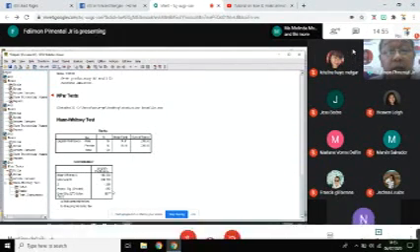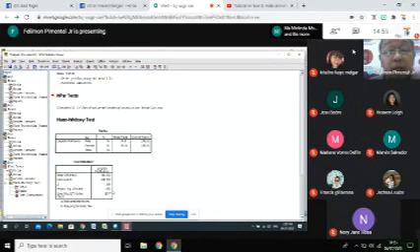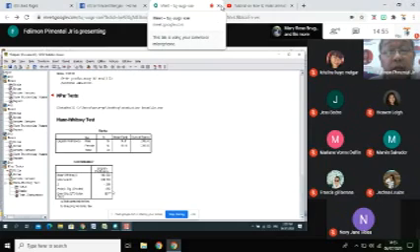Meaning to say that the English proficiency of the male and the female are just the same because there is no significant difference. Okay? Question?